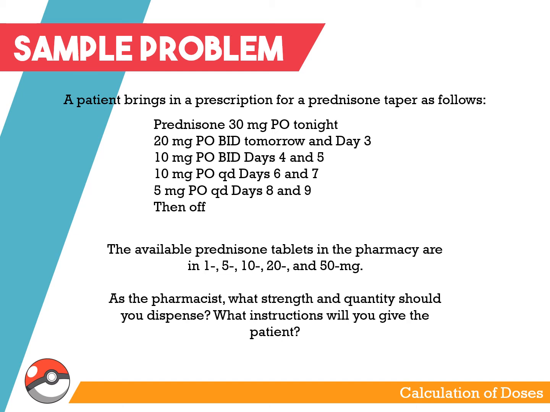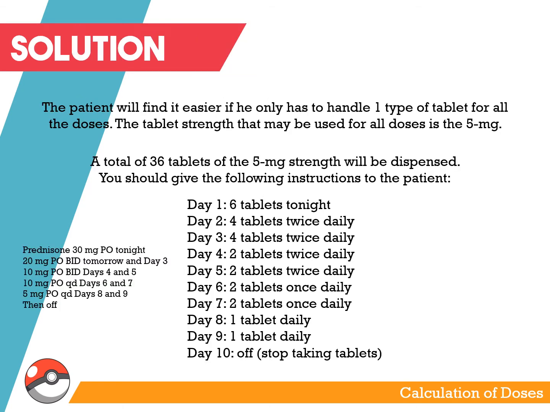So this question requires us to give the patient the proper advice on what strength to buy and how to take the medicine. Okay, so here is what we should do. So here is the solution.